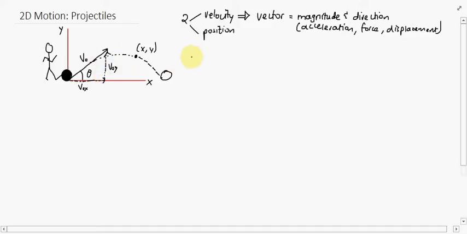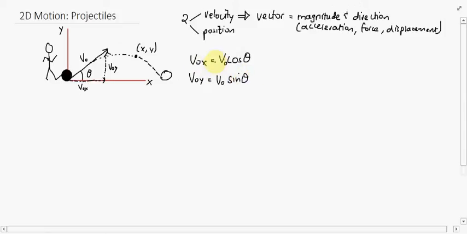So v sub naught x will be defined as v sub naught cosine of the angle, and v sub naught y can be calculated as v sub naught sine of the angle.